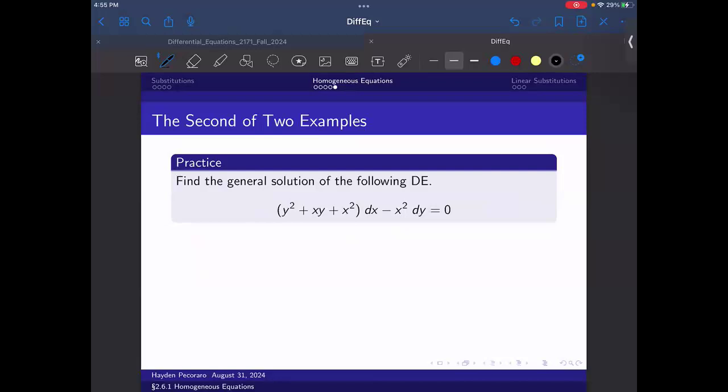Okay, I'm in the homogeneous section again. I want to check, is this homogeneous? Well, I have to write it in the correct way, right? So first off, I need dy dx equal to something. Well, that means I have to divide both sides by dx.